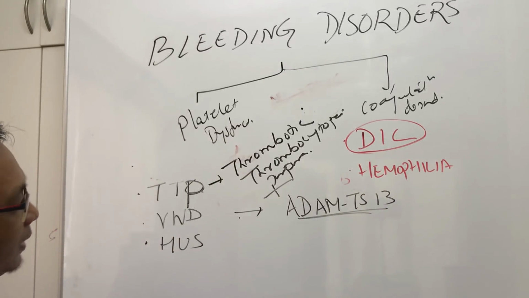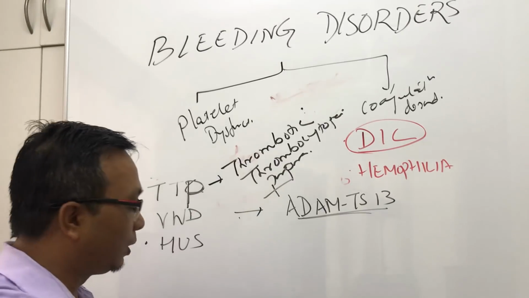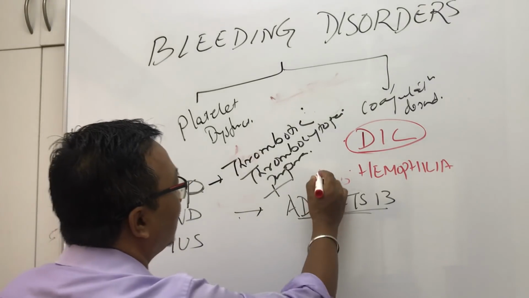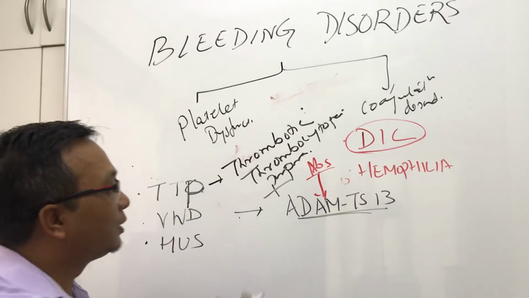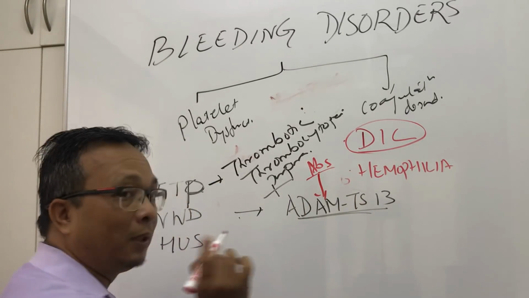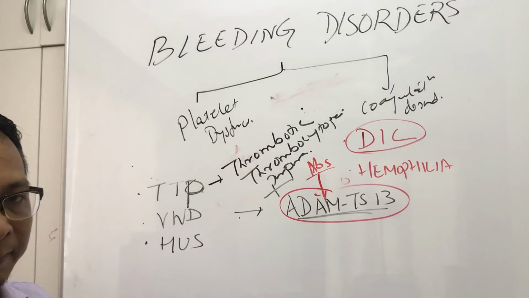Okay, 50% of cases are because of this genetic deficiency, and 50% of cases are because of antibodies directed against it. But the main problem is when there is a defective ADAMTS13.